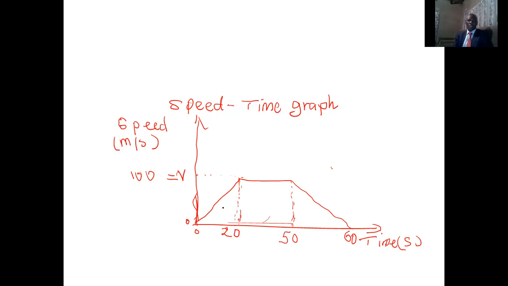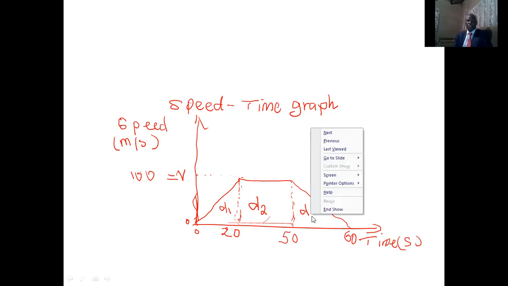So under this triangle, you can call this distance 1. Under this rectangle, you can call it distance 2. And under this triangle again, you can call it distance 3.